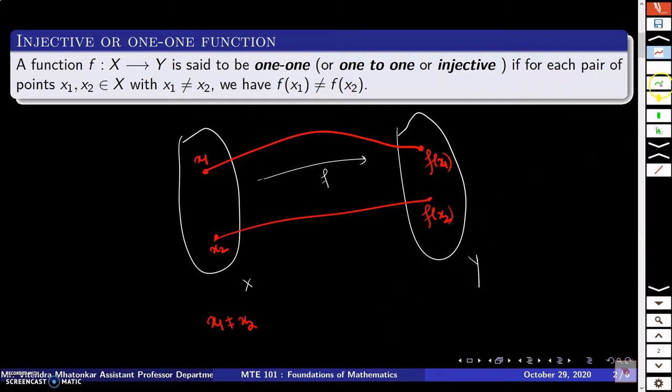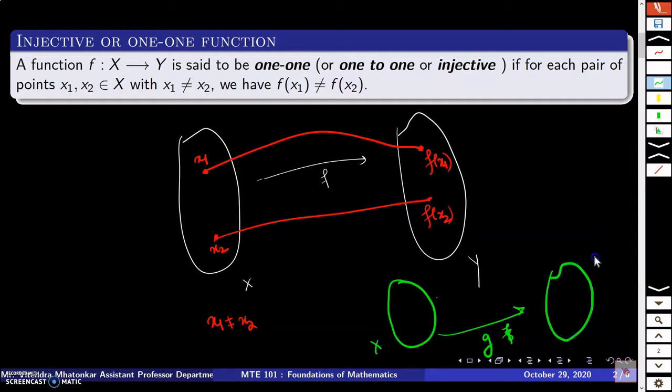So a function which is not 1-1, how will it look? Let me draw one function. Let's say this is a set x and I pick up g now from x to y. Let's say this is y. When will I say that a function is not 1-1? That will happen if you are able to find one pair of points x1 and x2 which are different, but they go to the same point on that side.